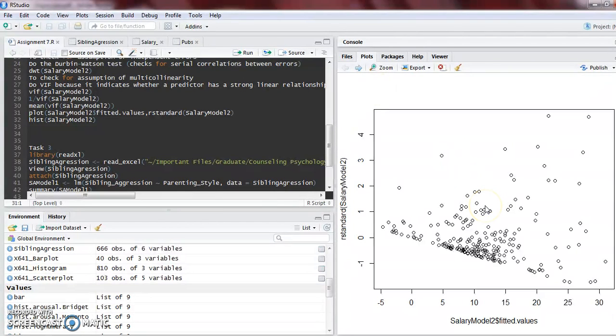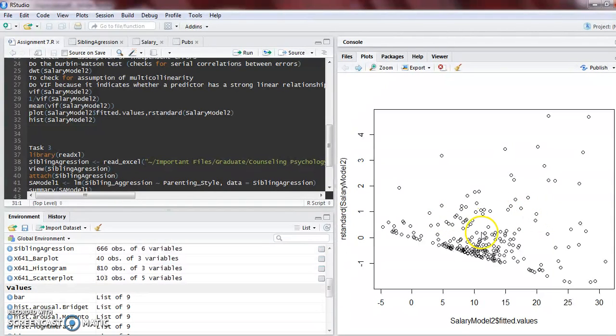Okay. So essentially we're looking at this plot and we see our dots all over the place. Andy Field mentions that an indication of heteroscedasticity is a cone-shaped form, but we don't see that here. So we have homoscedasticity.